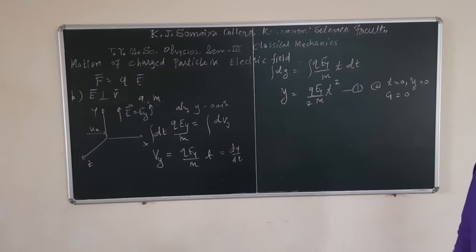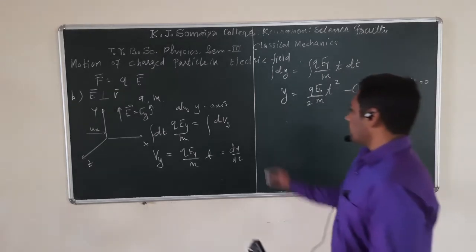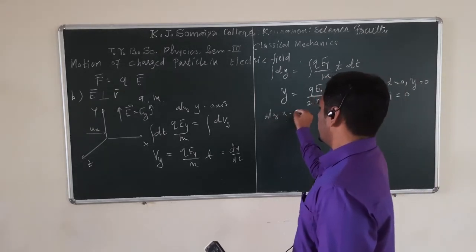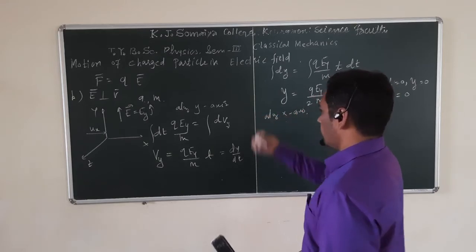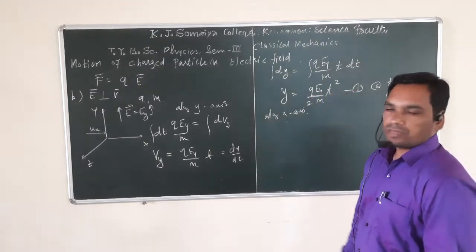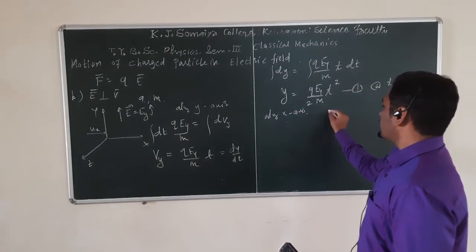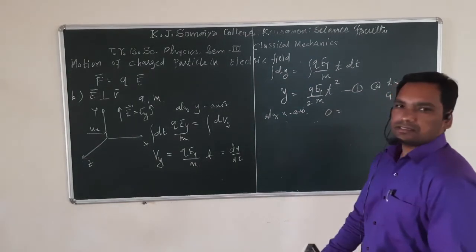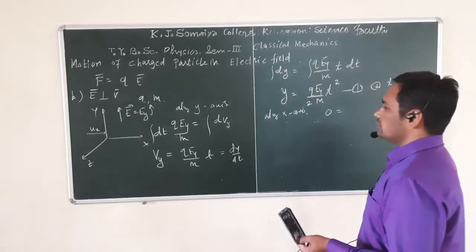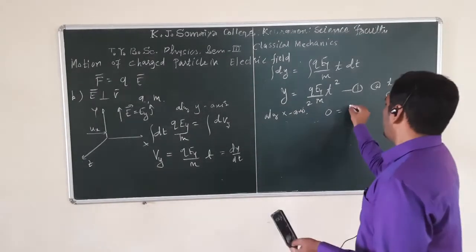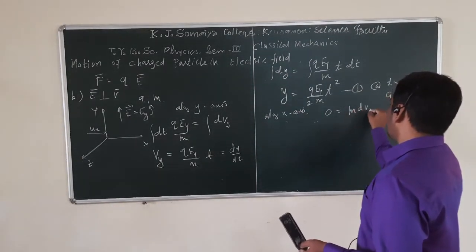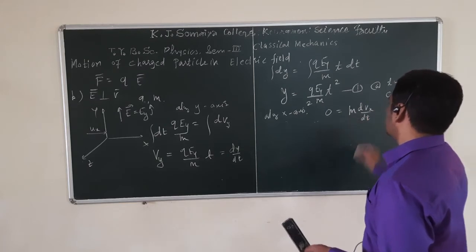If we apply Newton's second law of motion along the x-axis, what we will get in that case? There is no external force along the x-axis, so 0 is equal to m into dvx upon dt.